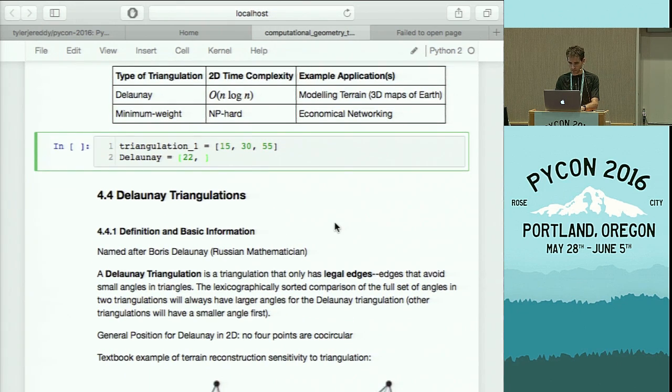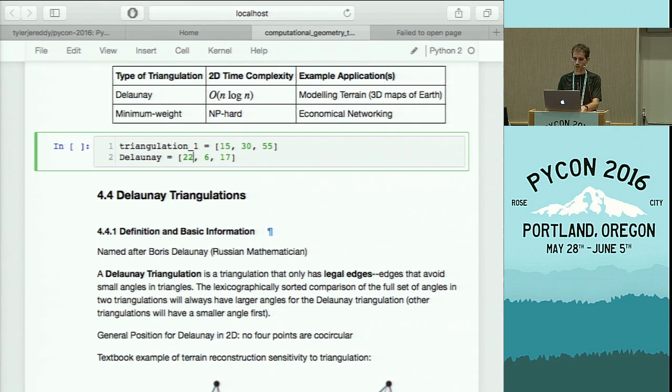But it actually might be really small here. So the idea is that if you compare these two sets of angles, the Delaunay will always have, from a lexicographic standpoint, a larger one at the first point of difference.